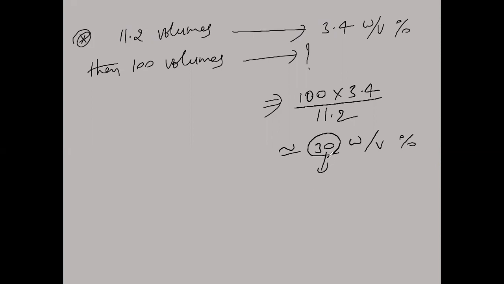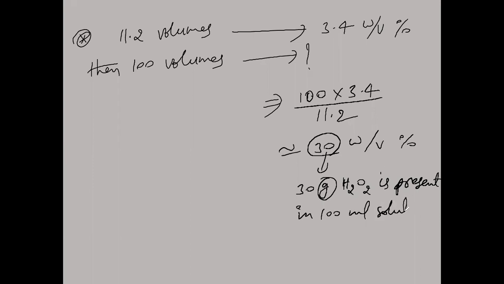What do you mean by 30% weight by volume? 30 grams of H2O2 is present in 100 ml of solution. That is the concept of this 30 W by V percentage.